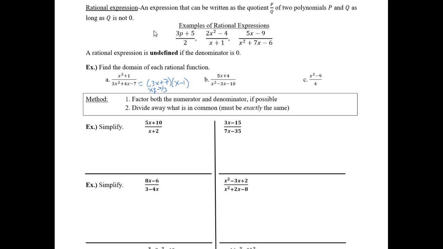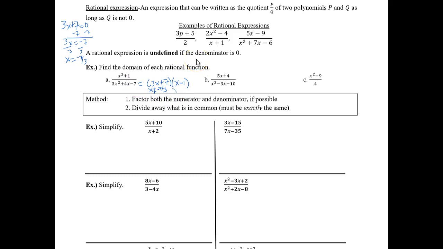If we set 3x plus 7 equal to 0, we would subtract 7 from both sides, get 3x equals negative 7, and divide by 3. So that's where the negative 7/3 comes from. Now x cannot be negative 7/3 because if it was, this first parenthesis would be 0, and 0 times anything would be 0, and then the denominator would be 0, which this can't be.